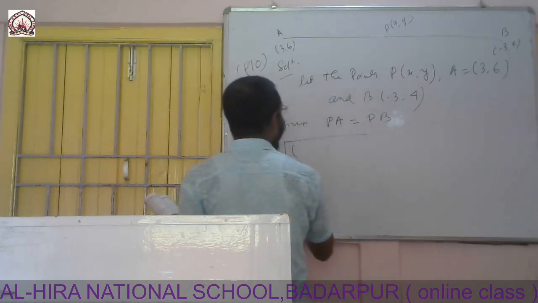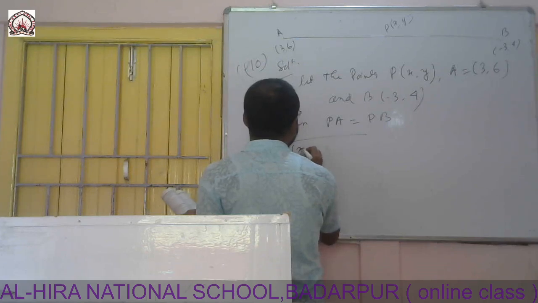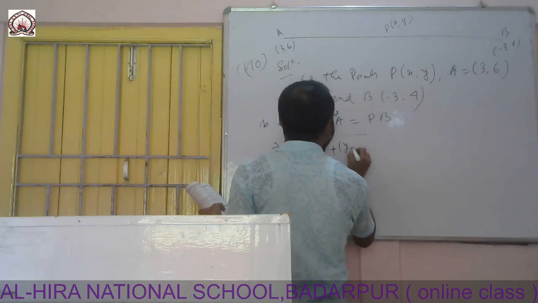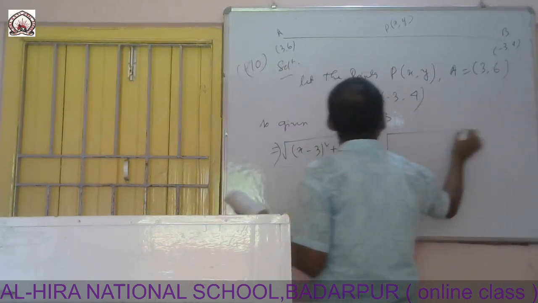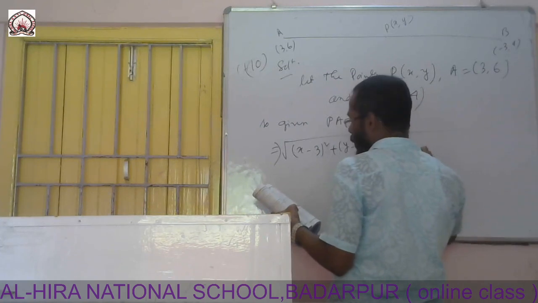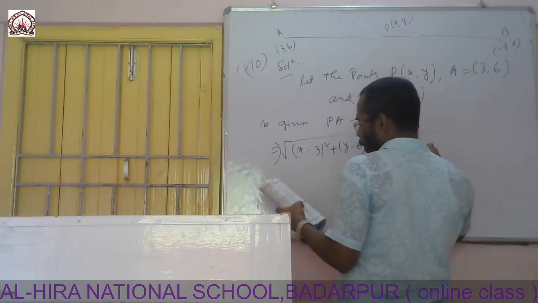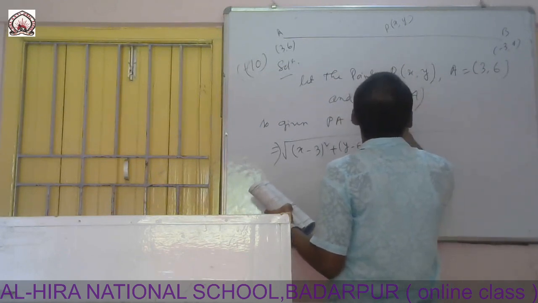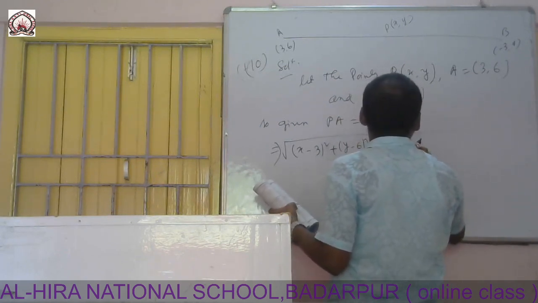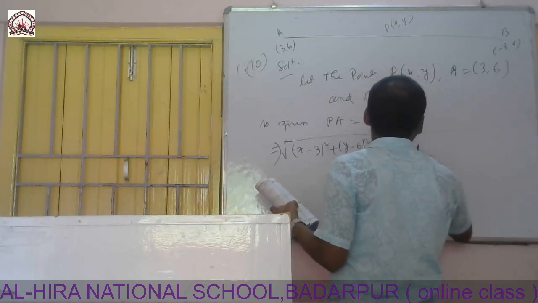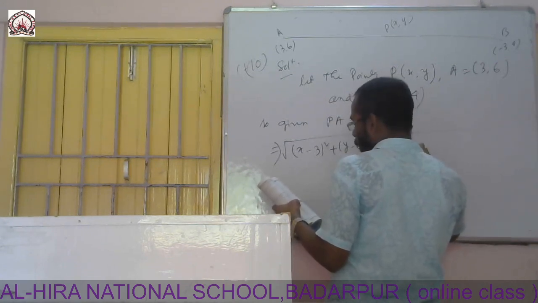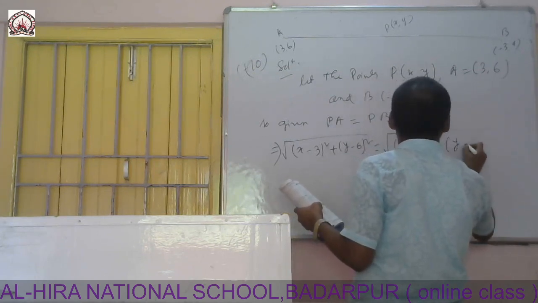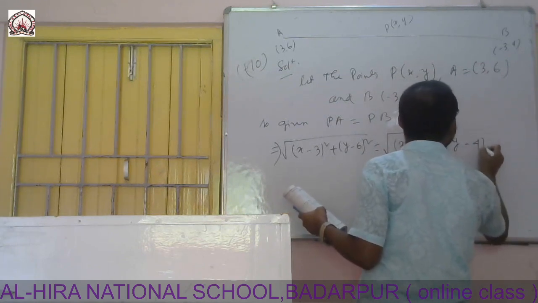Then we are getting (x minus 3) whole square plus (y minus 6) whole square is equal to PB, that is (x plus 3) whole square plus (y minus 4) whole square.